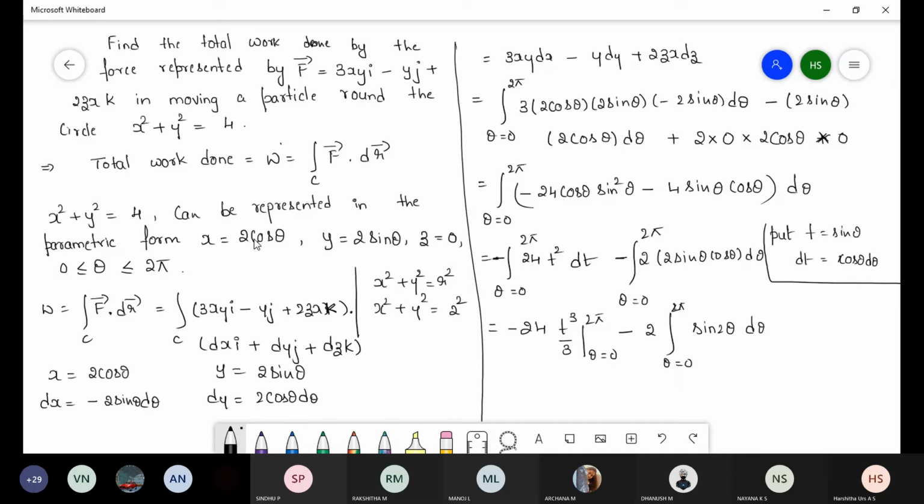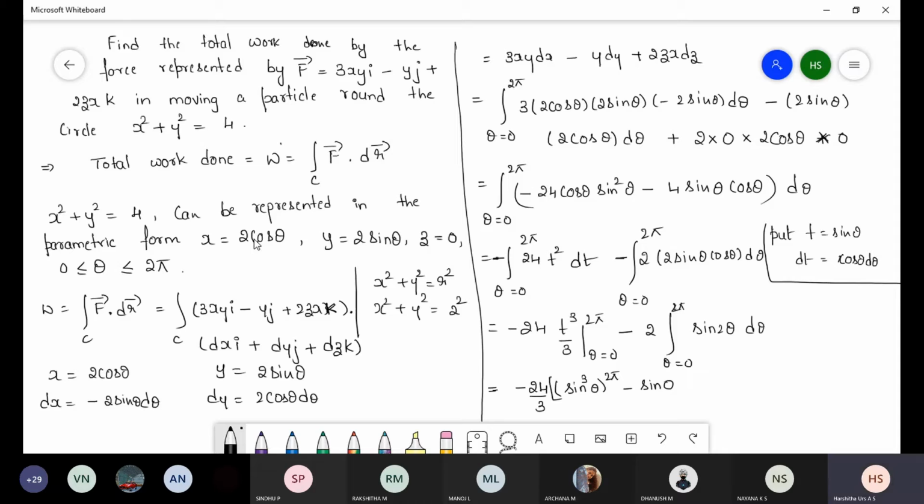Minus 24 divided by 3. So t cube, t is sin cube theta, whole power 2 pi minus sin 0.